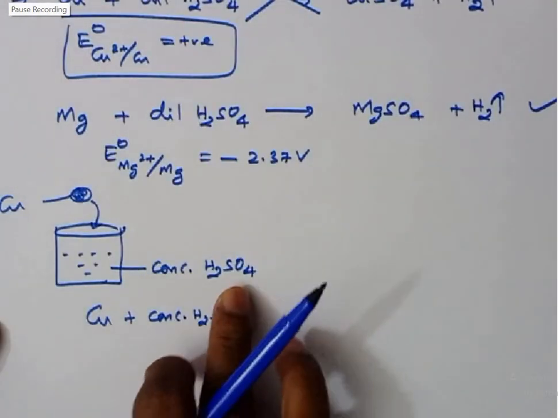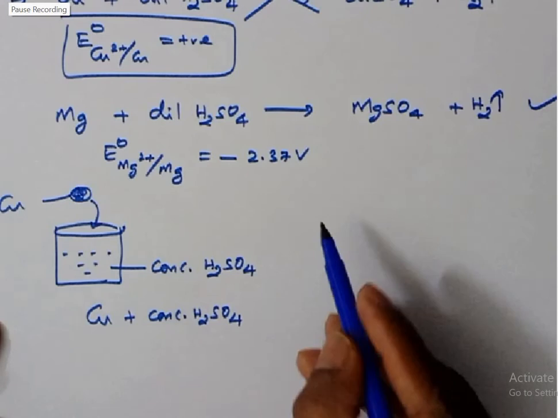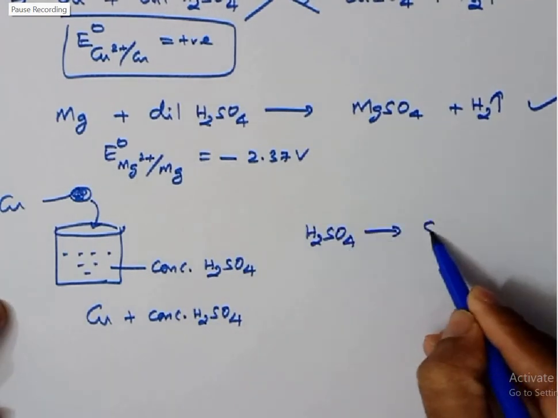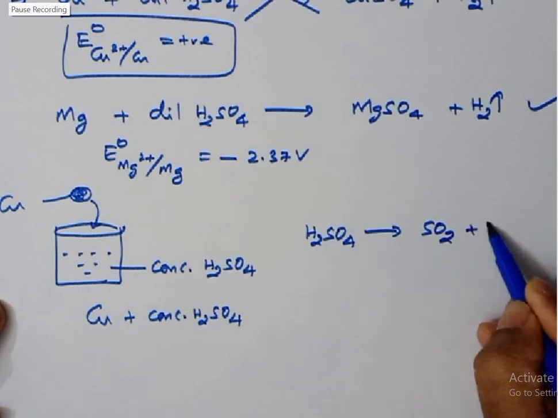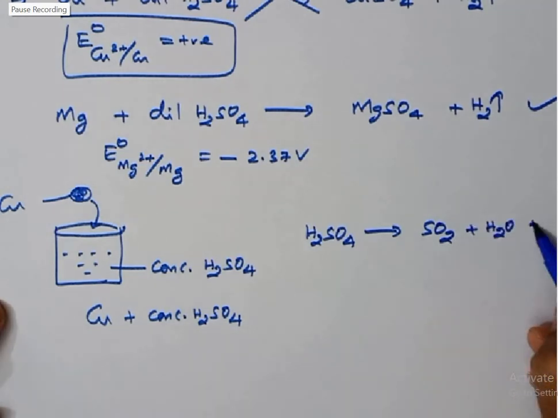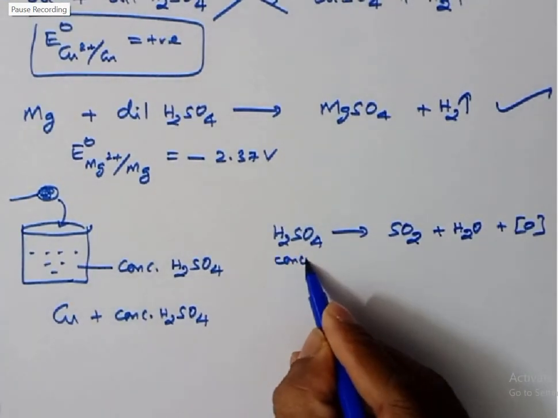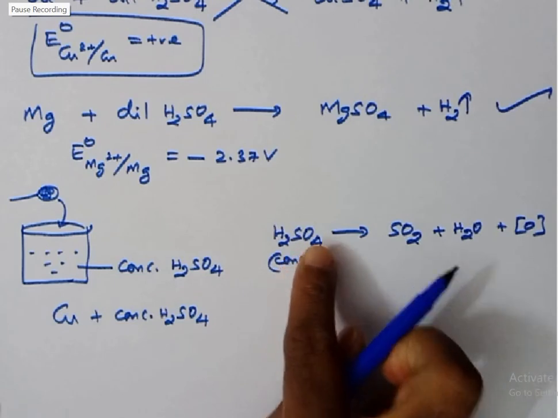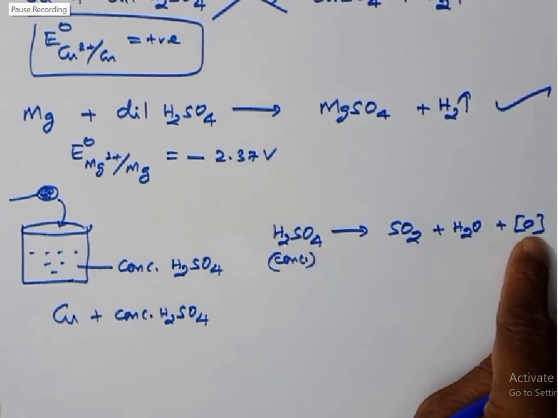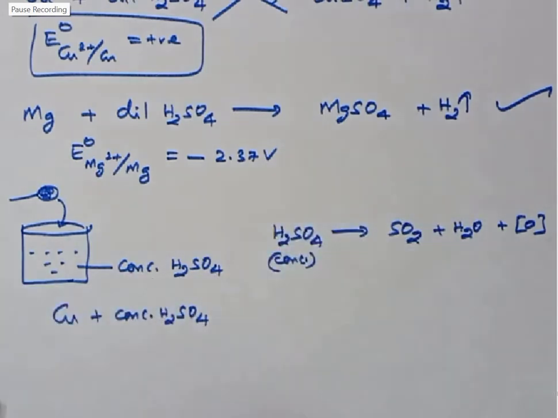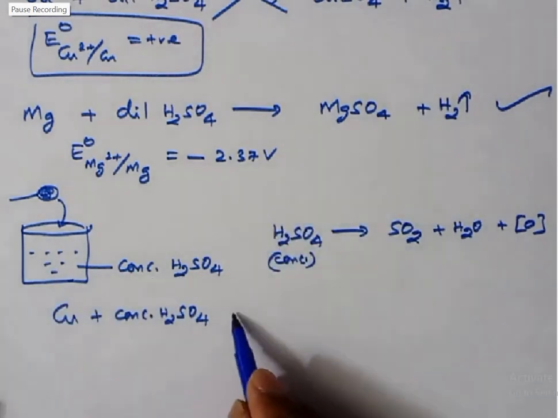But concentrated sulfuric acid is a good oxidizing agent. What will it do? See, H2SO4 undergoes reduction, gives you SO2 plus H2O, and it will produce nascent oxygen. This nascent oxygen oxidizes copper into copper 2+. Therefore, this reaction will occur.